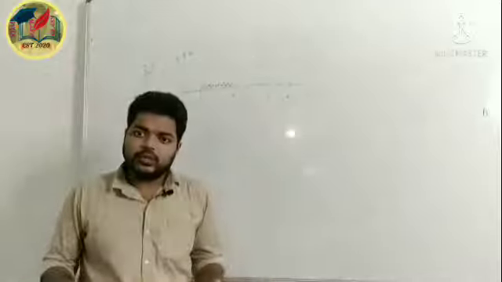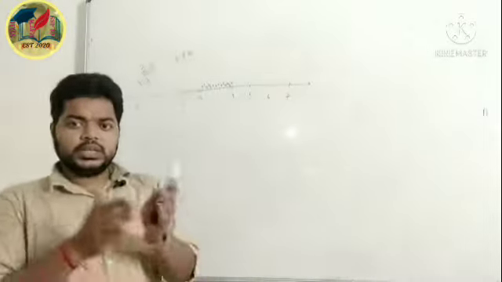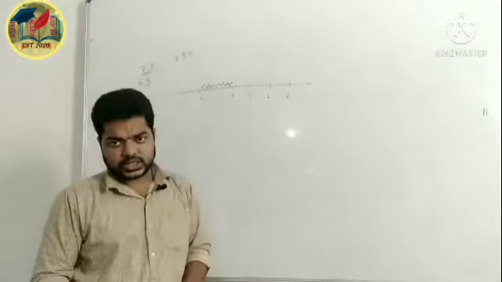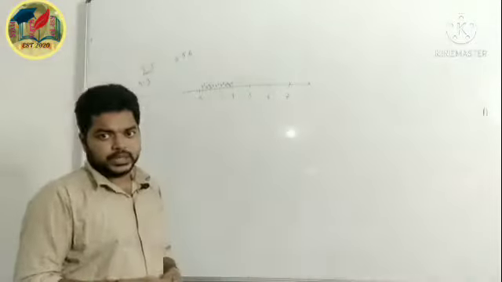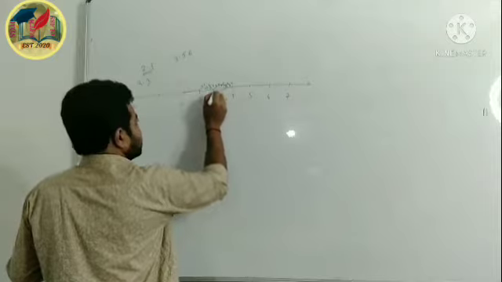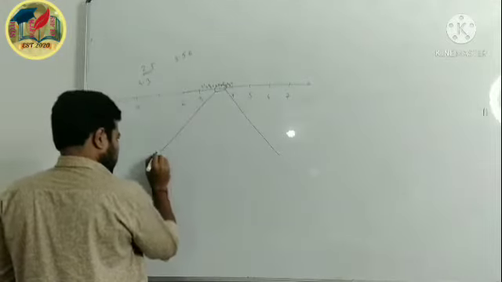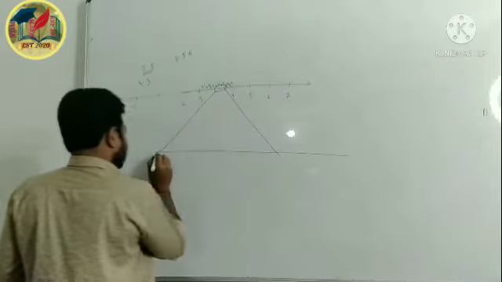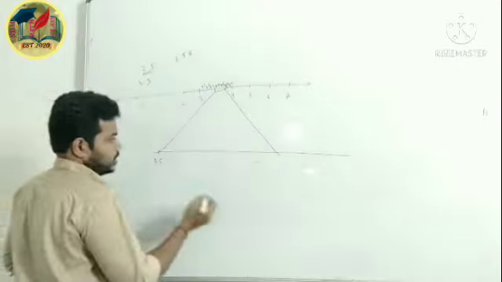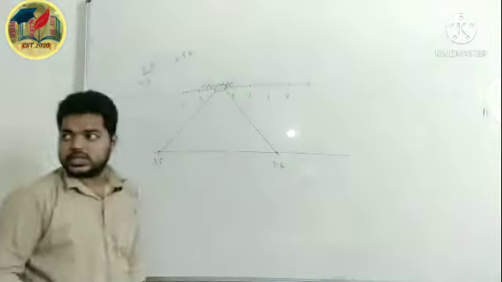Now this number is 3.56. We know that 3.56 is greater than 3.5 but less than 3.6. So we expand this part, that is 3.5 and 3.6. We take this point as 3.5 and this point as 3.6.